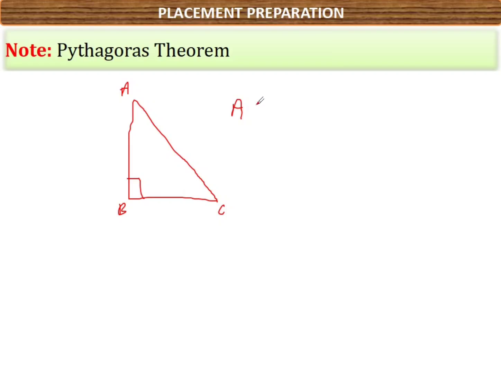AC square, this side is AC, will be equal to AB square, let me put brackets so that you will understand clearly, AB square plus BC square. That is what the Pythagoras theorem says. So, AC square is equal to AB square plus BC square. I hope you all know this.